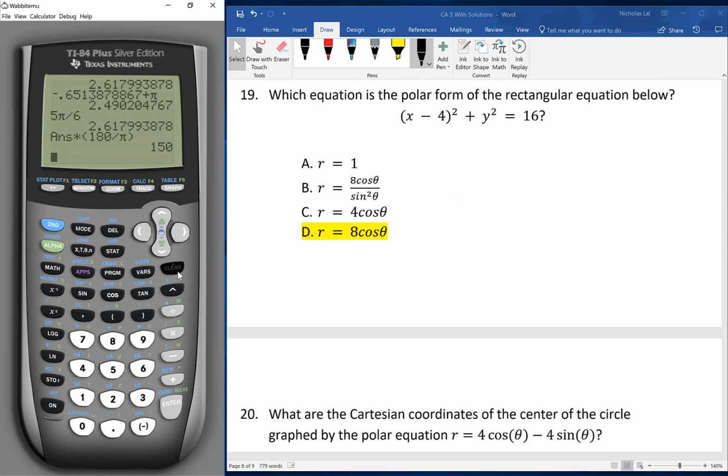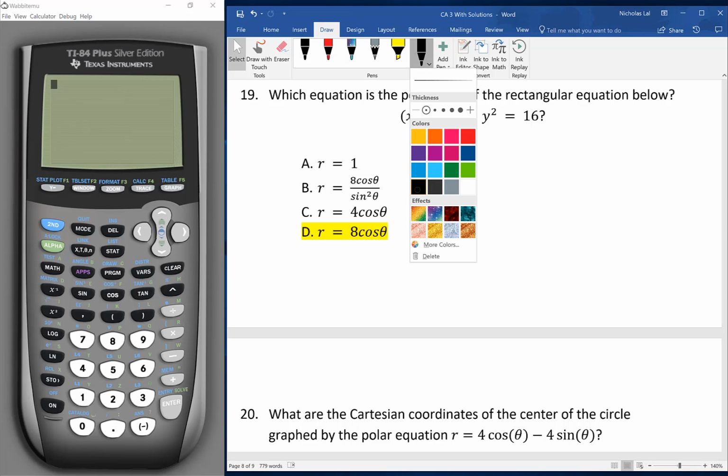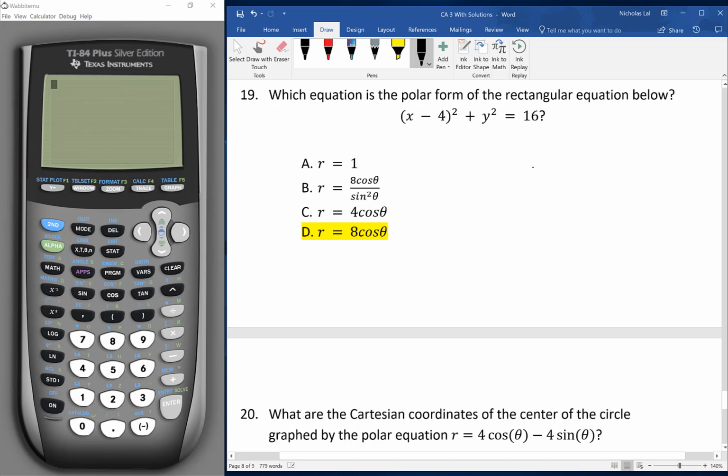Which equation is the polar form of the rectangular equation below? Let's solve this step by step. R is equal to 8 times the cosine of theta. So our goal here is to use our polar conversion formulas to isolate r and get things on the right hand side.